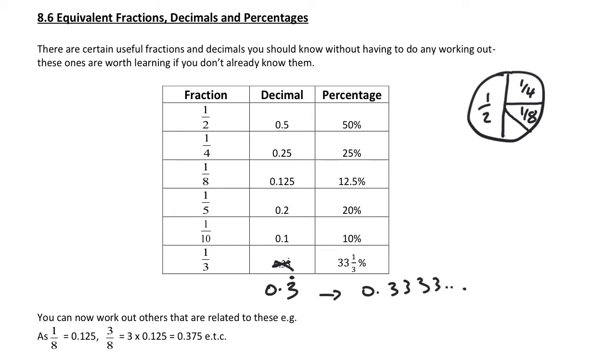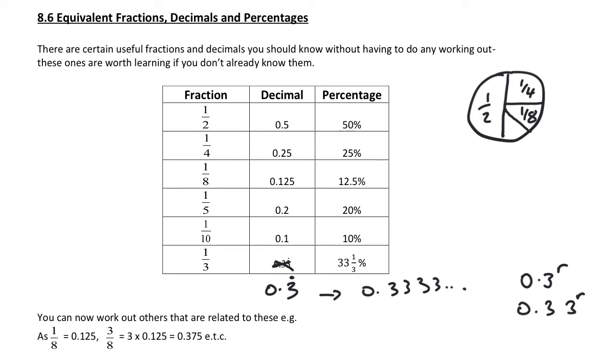You may have been taught 0.3R or 0.33R or something like that, but to be technical, we put the dot above the first repeating digit, and so we don't need it as 0.33 dot. But anyway, that's what that is as a decimal, and as a percentage it's 33 1/3.